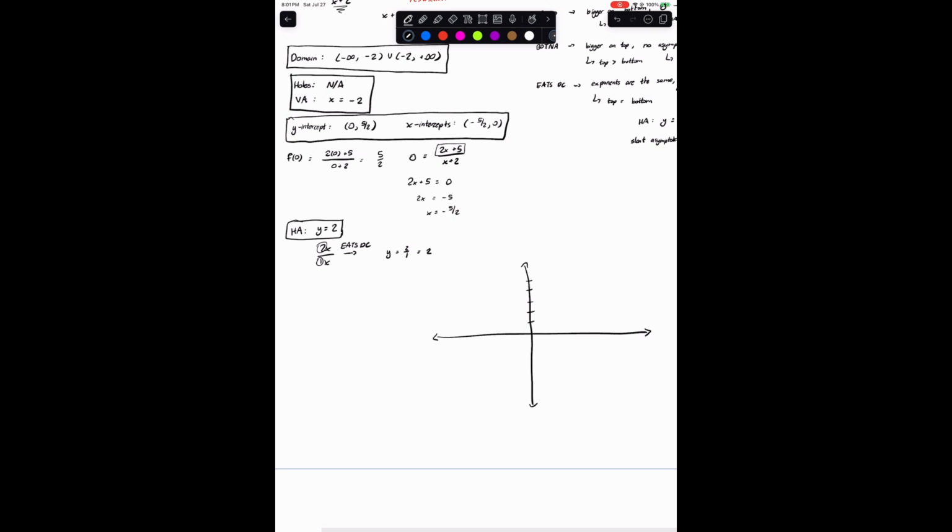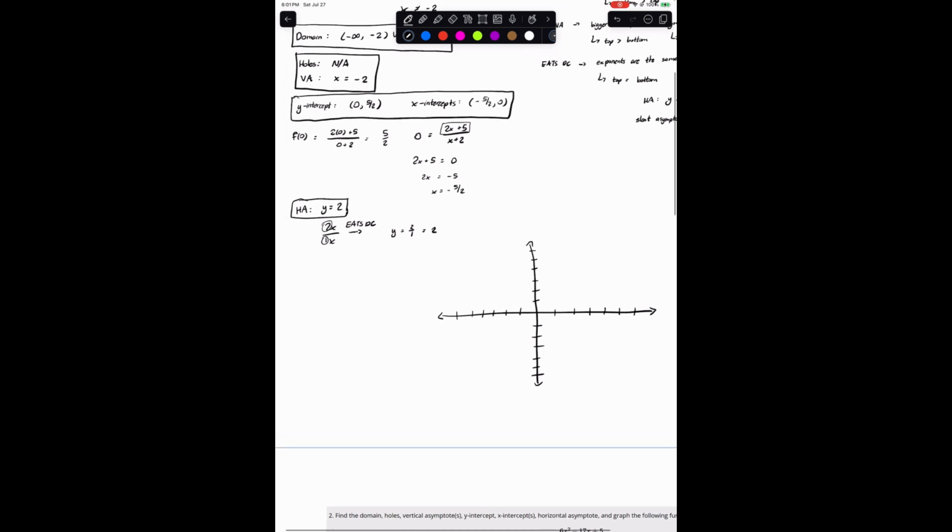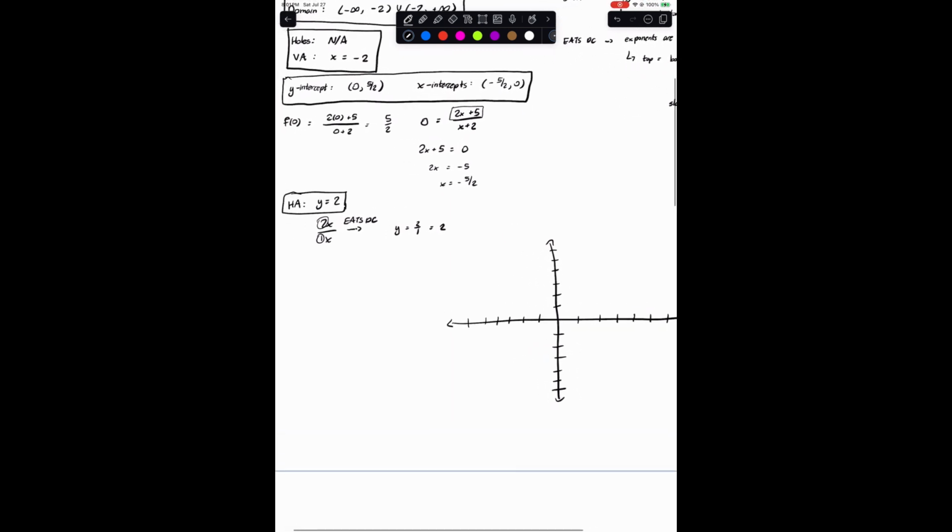1, 2, 3, 4, 5, 6. Okay, so from here, our y-intercept is at 5/2, so right around here. Our x-intercept is -5/2, so right around here.